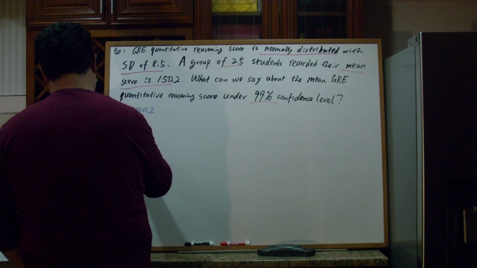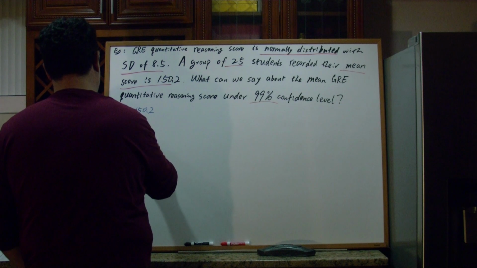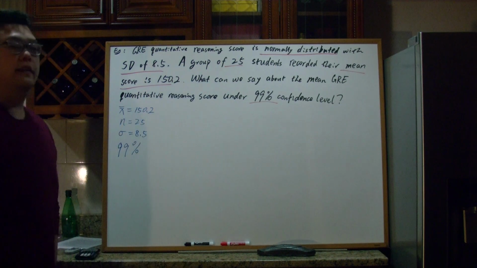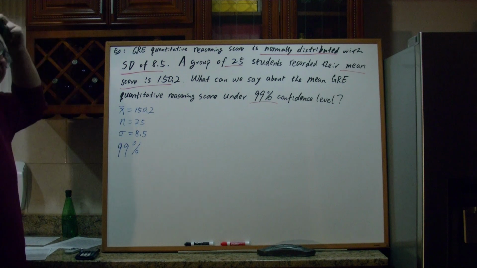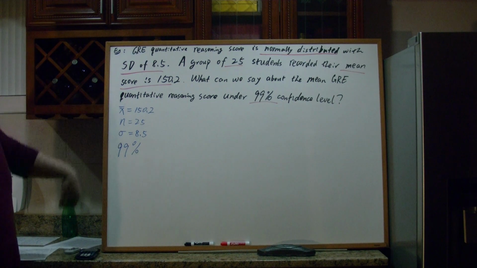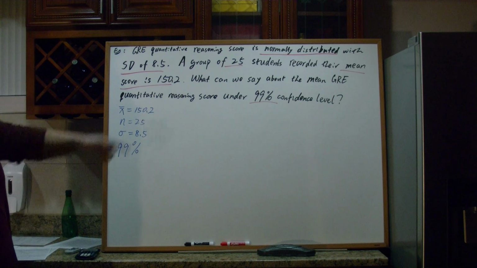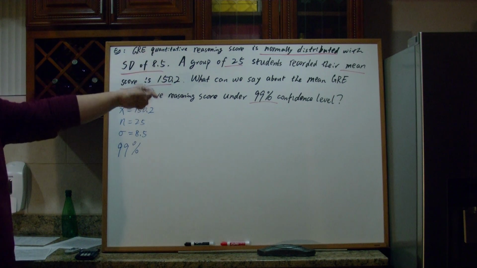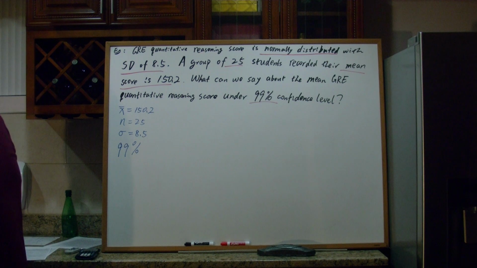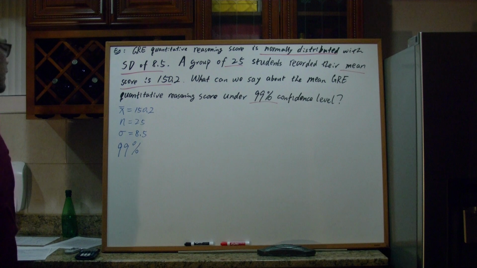And at the end, that's 99% confidence. Right, the order to get those actually doesn't matter, as long as you get all the information, that's good enough. I have 1, 2, 3, 4 pieces of information, as well as the normal distribution, which may be given, maybe not.